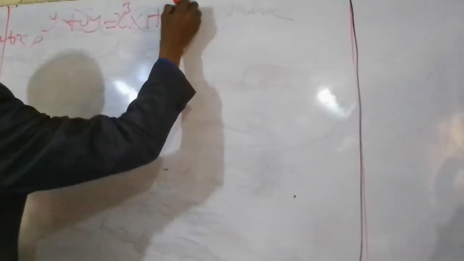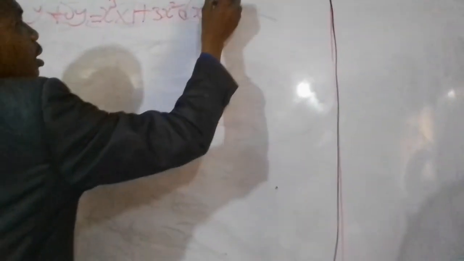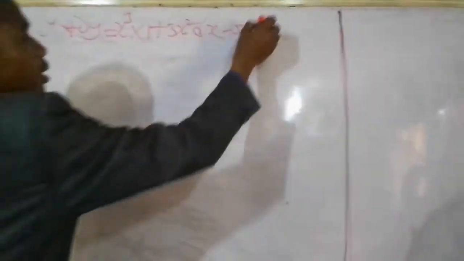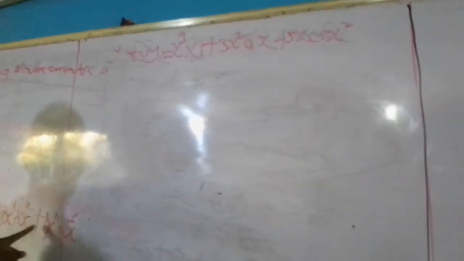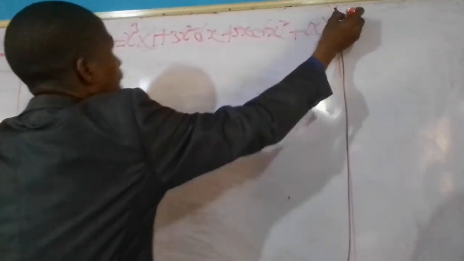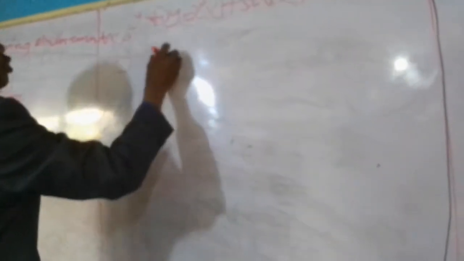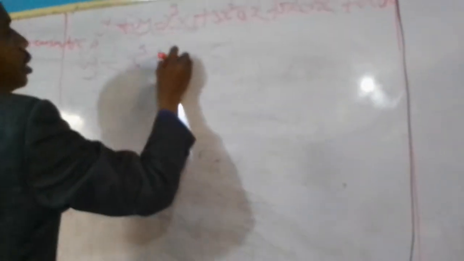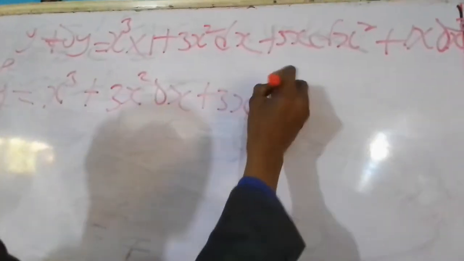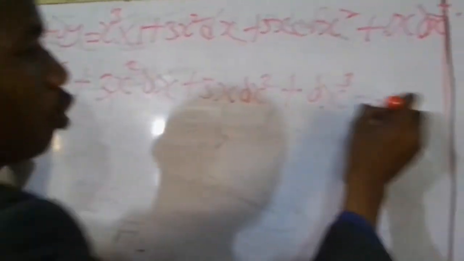Then delta y is equal to x cubed plus 3x squared delta x plus 3x delta x squared plus delta x cubed, minus y.